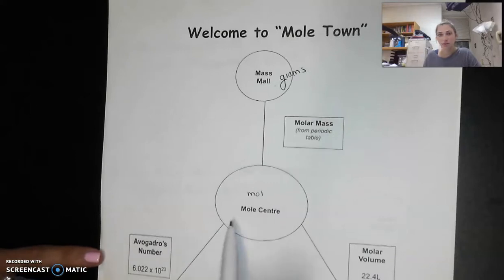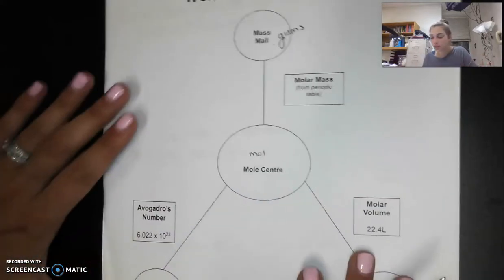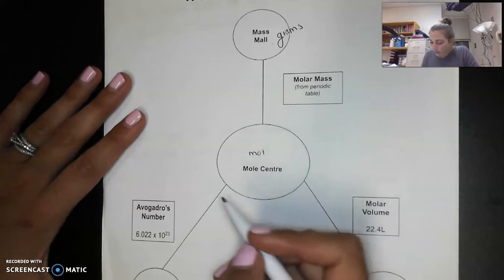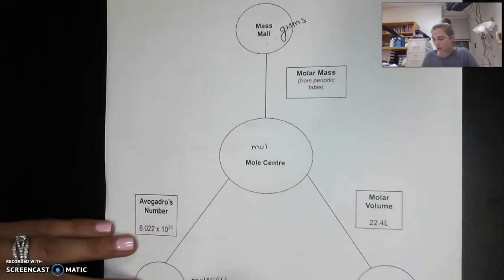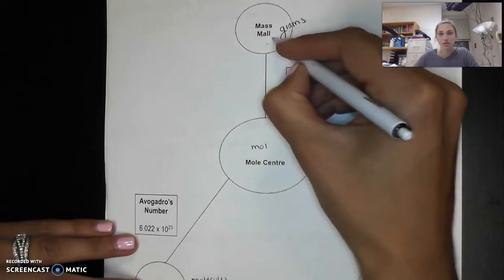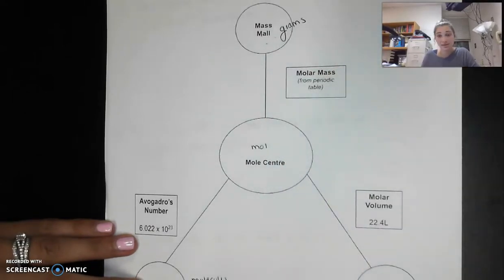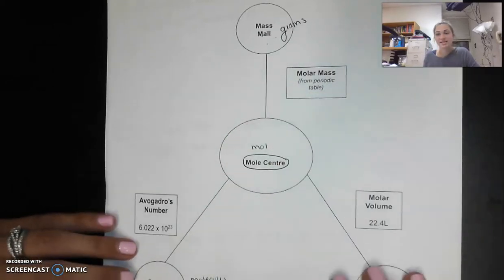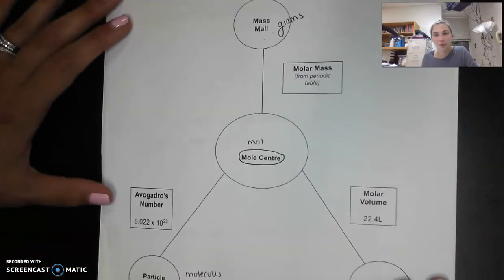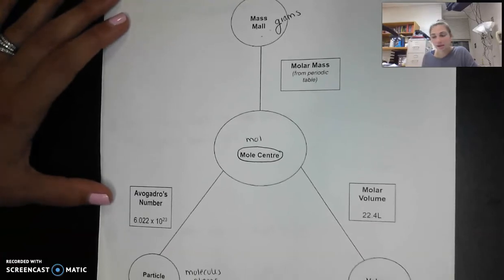We have to follow the roads that are there. We're not making any back roads. So if we are going from particles to mass, we would have to pass through moles in order to get through to mass. Moles is called the center because it is going to be at the center of all of our conversions. So let's see how this works.